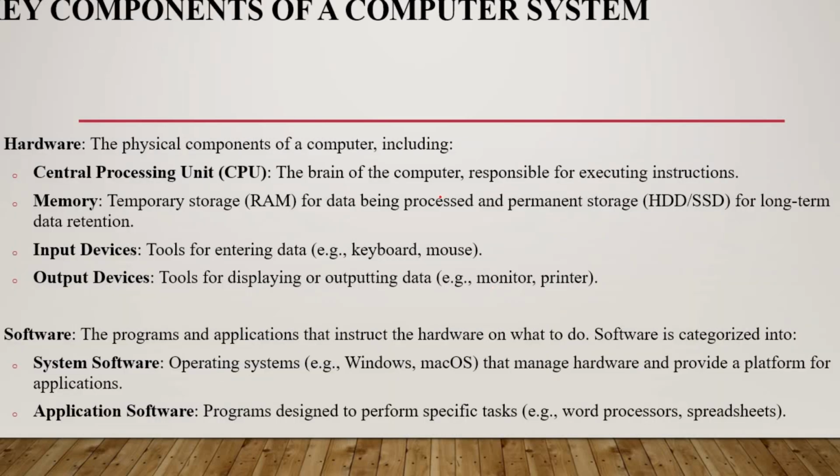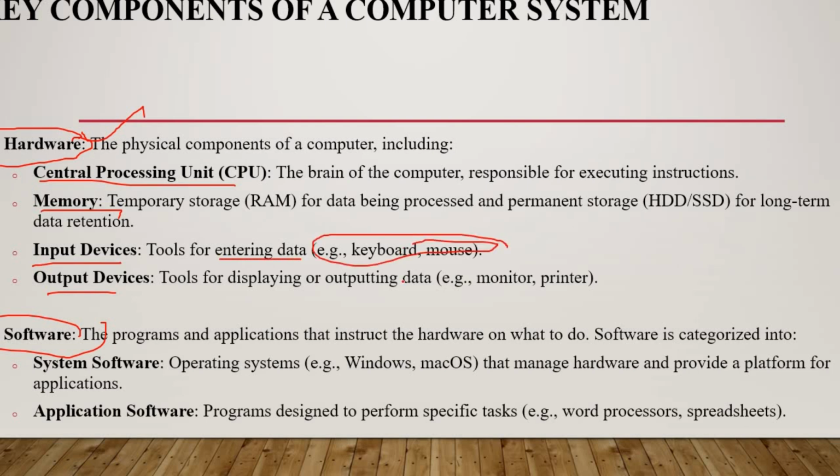Having said that, the key components of a computer system, which we have mentioned above, are basically two: the hardware and the software. The hardware is the physical component of a computer system, which can be described as the CPU, memory, input devices, and output devices. The input devices are where users can enter data or receive data through keyboard, mouse, and other things.